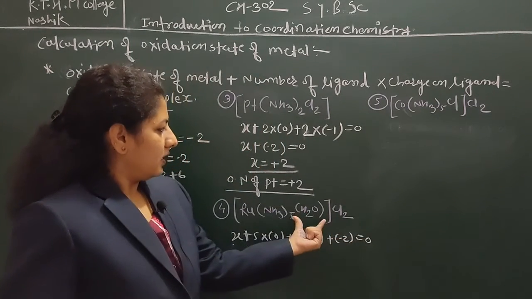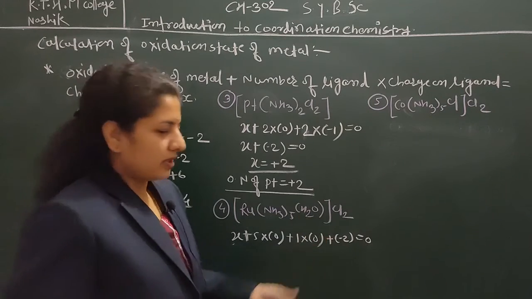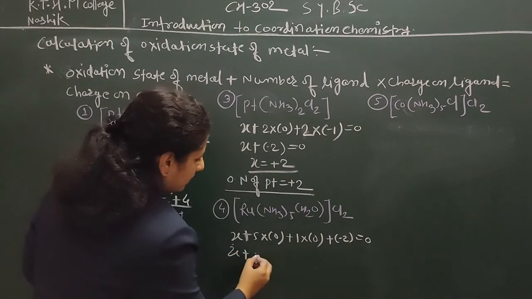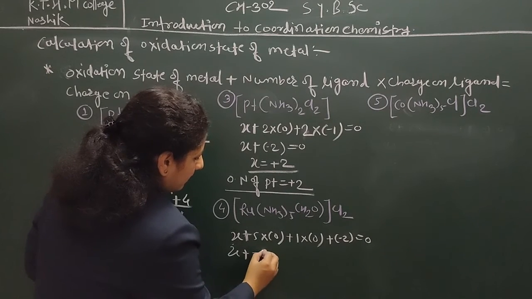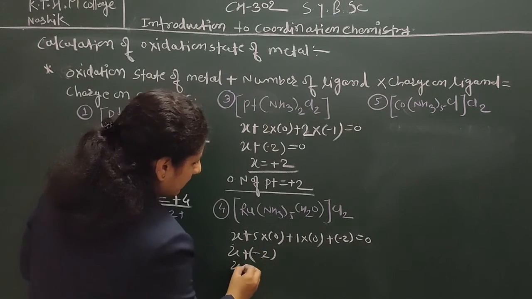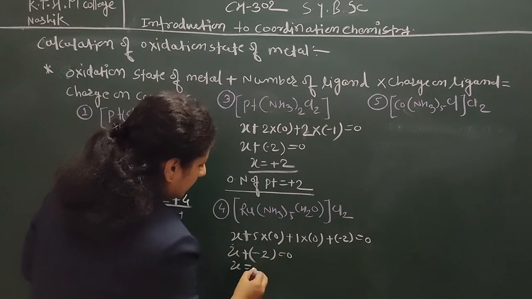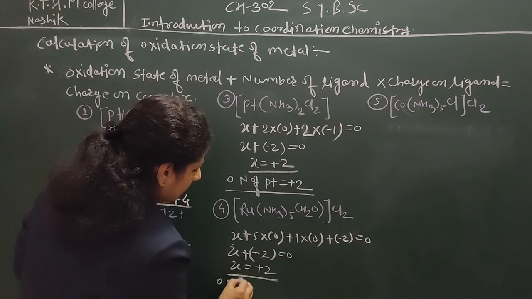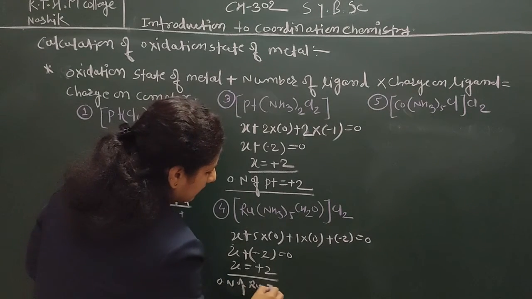Here again there is no charge on the complex, so X plus 0 minus 2, so X is equal to plus 2. So the oxidation number of ruthenium here is plus 2.